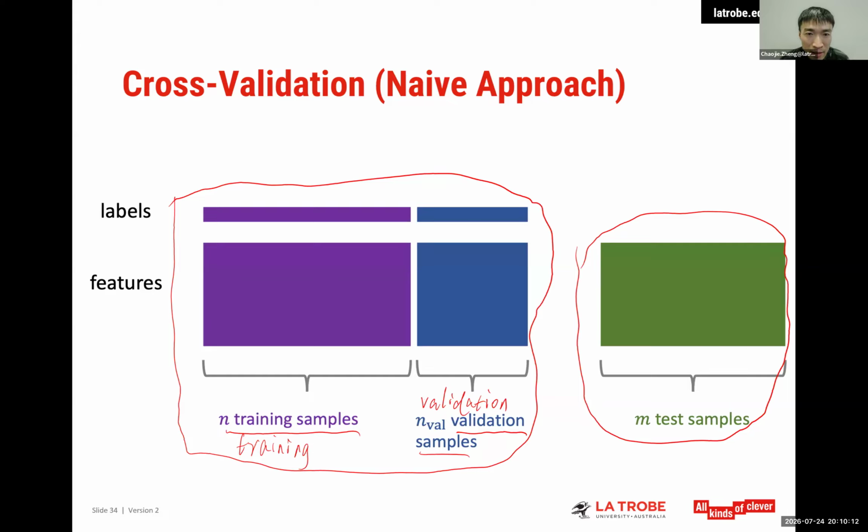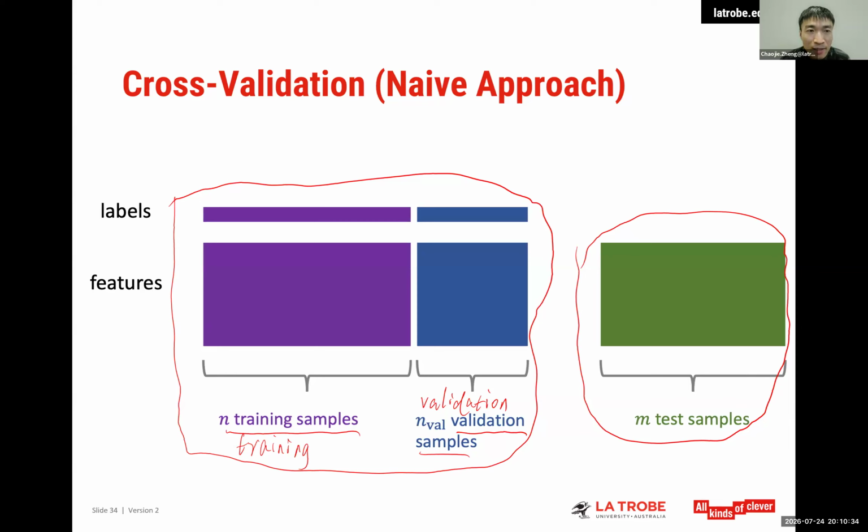So the purpose is we want to find the optimal hyperparameter value. In the polynomial regression case, we want to find the optimal p-value using just the training and validation dataset.